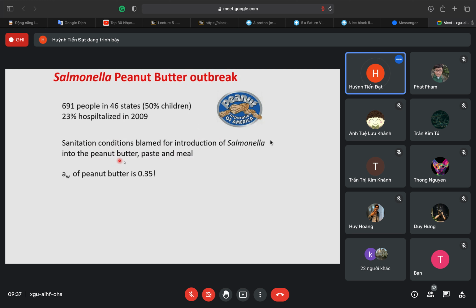But then the concept here: the water activity of the peanut butter is only 0.35. Okay, so with very low water activity like this, do you think if you try to kill the Salmonella, is it easy or very hard?